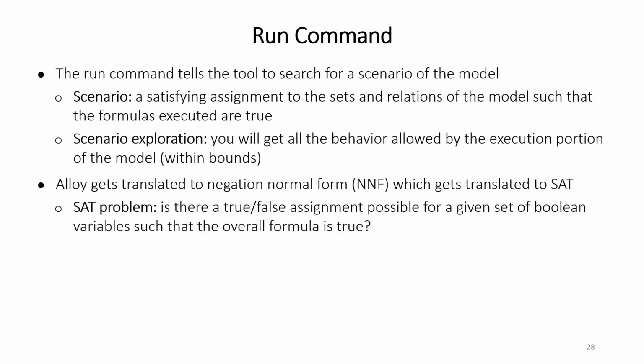Internally, Alloy, this high-level language, gets translated in a few steps. There's another tool that runs in the background called Kodkod, which is relational logic, but without some of Alloy's features. So it's first boiled down to Kodkod, and then Kodkod translates it to some negation normal form, which is translated to SAT, and then the SAT solver finds an assignment, and this is translated back to one of those scenarios.